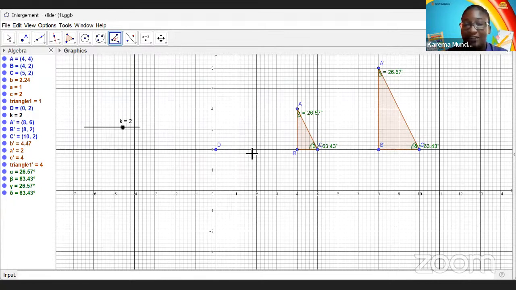So if we have a situation like that, what can we say about the object and the image? Are they congruent? You would have heard this word in previous videos, previous transformations. Can we say that these are congruent, yes or no?